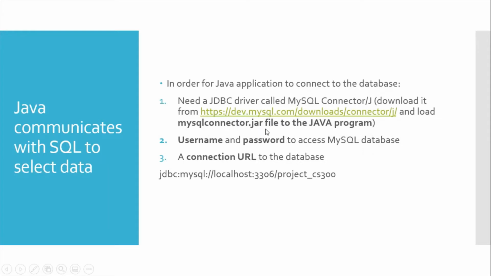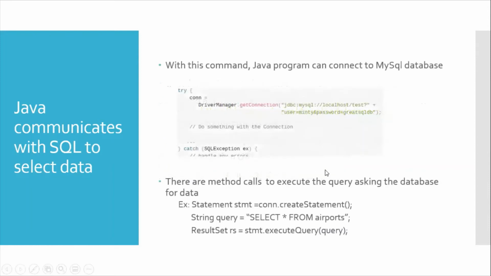And so I need to import this library into my Java program. Also, in order to connect to the database, I need to have the username and password to access it, and the connection URL that I just mentioned, to connect to this database, project CS300. And there is some Java code in order to connect the Java program with the MySQL server using this URL and username and password.